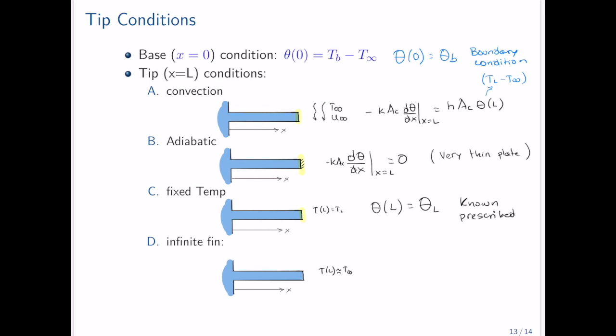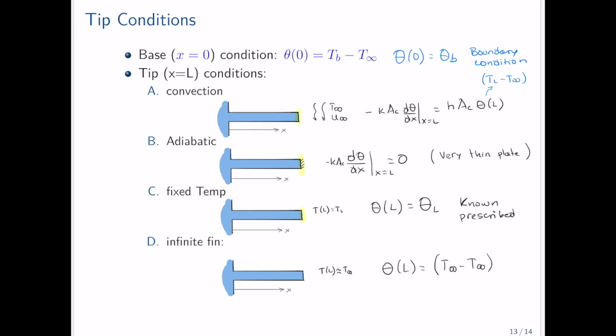And finally, the last case in which we are assuming that the fin is very, very long. So we are saying that theta of L is equal to T infinity minus T infinity.